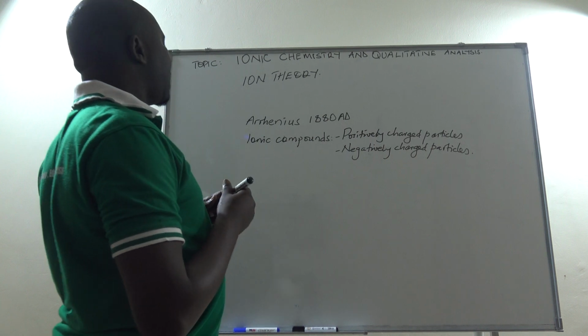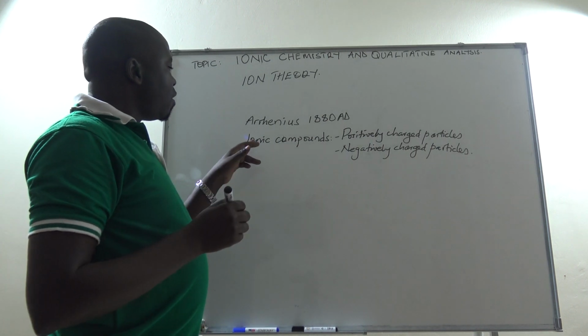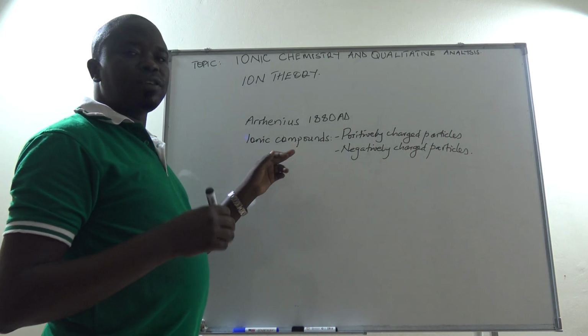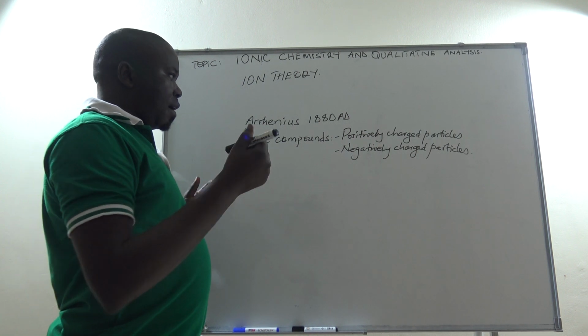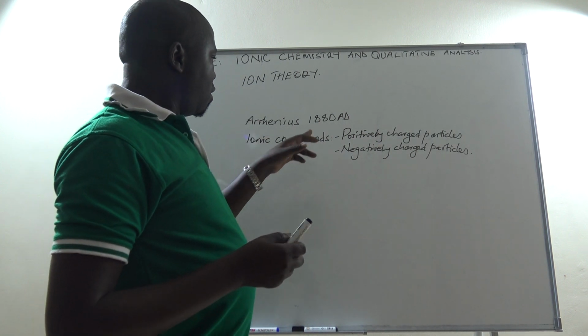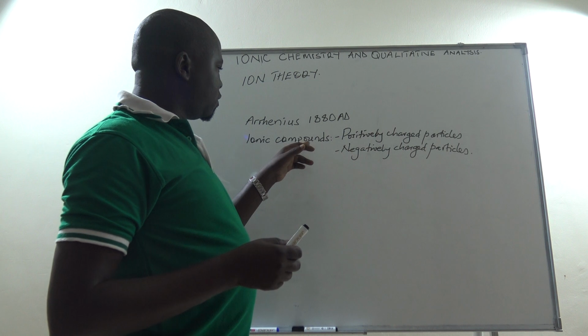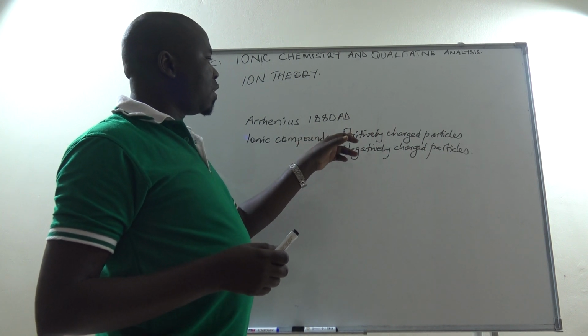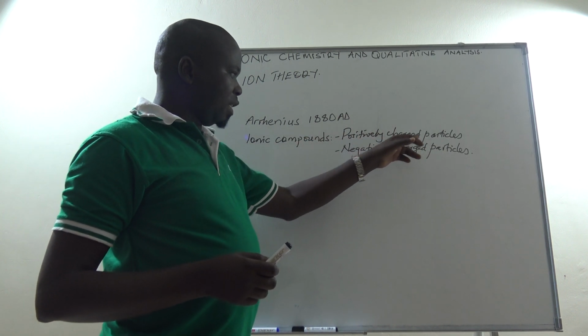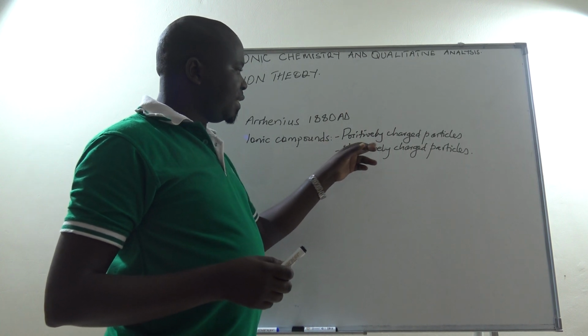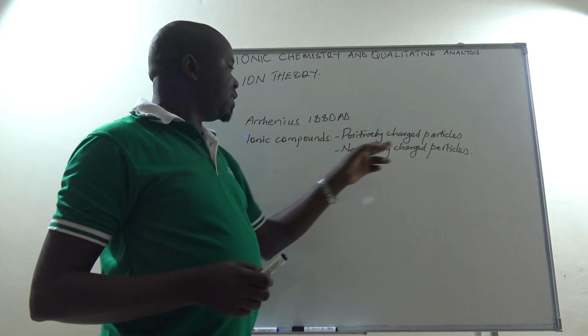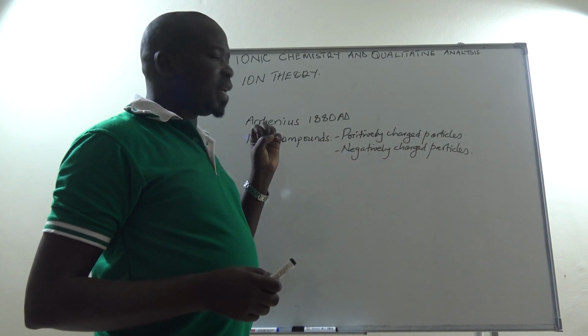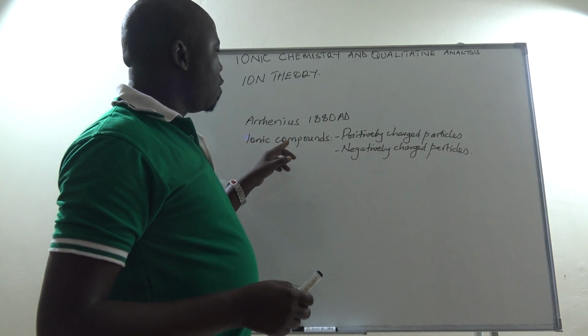So Arrhenius found out that in all the ionic compounds, which we have talked about in some sessions before, we have the ionic compounds consisting of both the positively charged particles and the negatively charged particles. That is, in every ionic compound we have both.